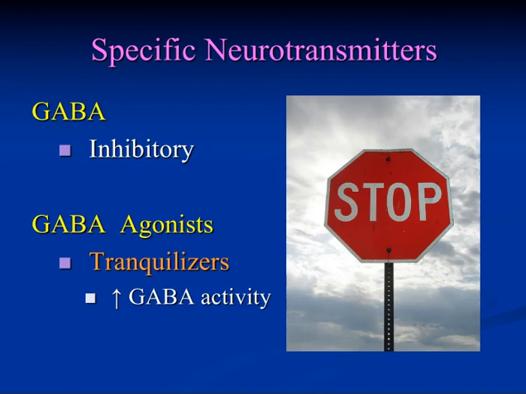Now that's why you have to be careful with certain kinds of drugs and medications where they'll say things like, don't combine these tranquilizers with other sedatives, other ones that have similar effects in the nervous system, like alcohol, because you don't want to over suppress or inhibit the nervous system.